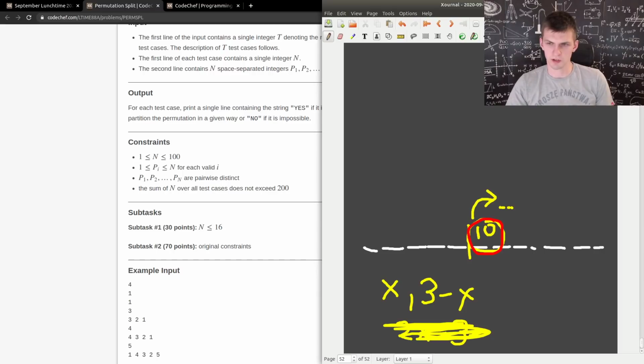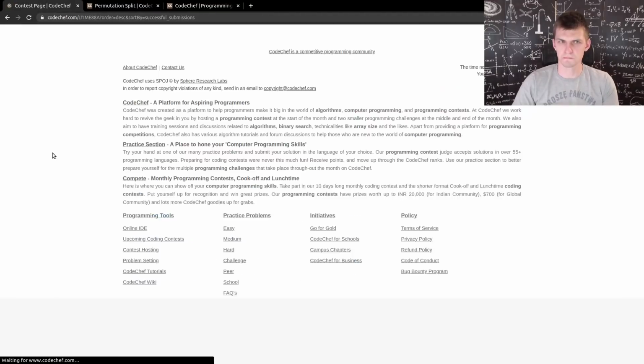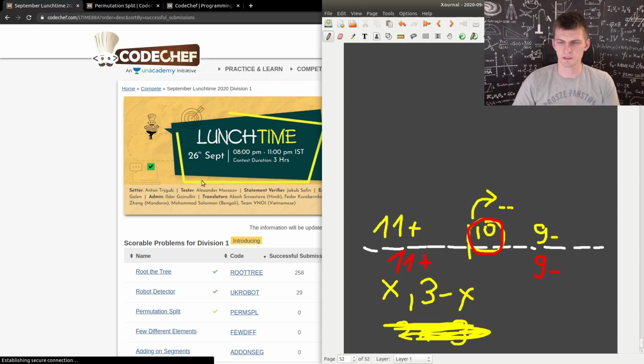I need to subtract all small yellow numbers on the right, all big numbers on the left, and I need to add those red on the right. This was supposed to be minus. Big red on the left. Still nobody.